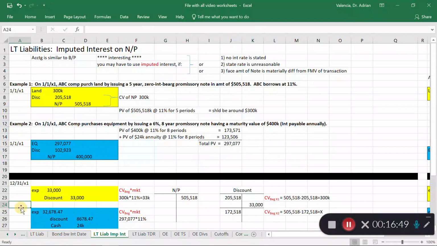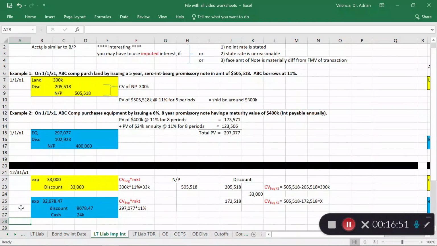The next one, how do we do the interest for the second transaction? This one right here, example number 2. Same thing, carrying value at the beginning of the period times the market rate. So the carrying value was a note payable of 400 minus 102 at the beginning. That gives me 297,077 times 11%, which gives me an expense of this. Once I have that expense, then I can plug the discount.